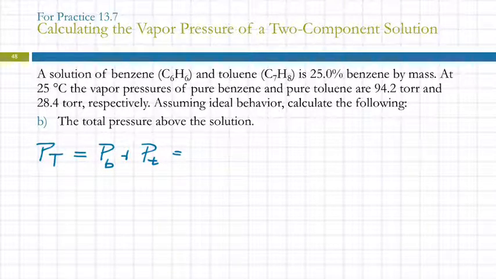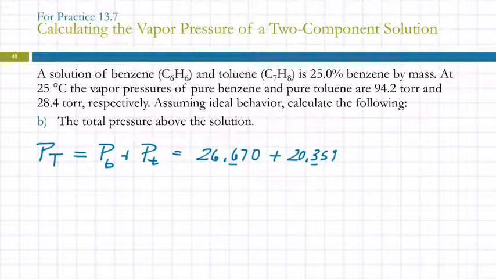So I've got 26.670 plus 20.359, so 47.029, 47 torr.